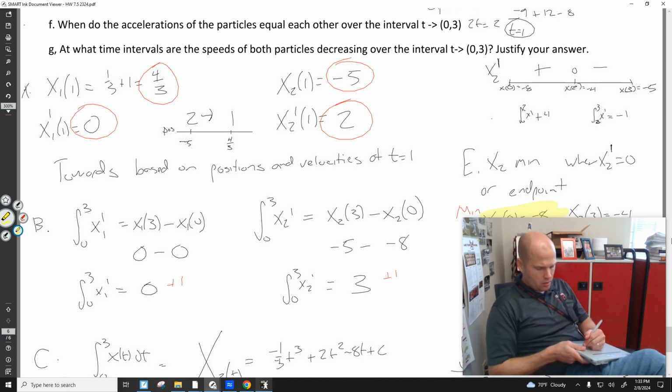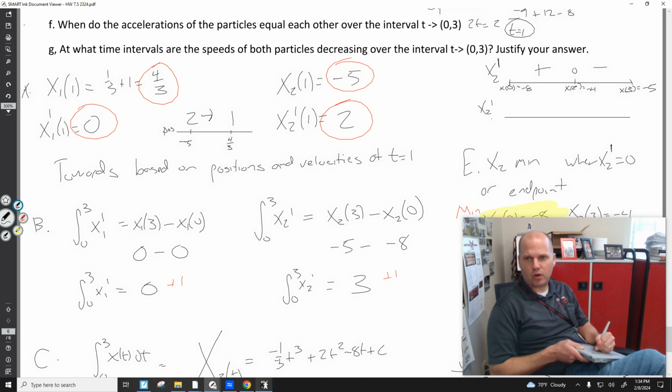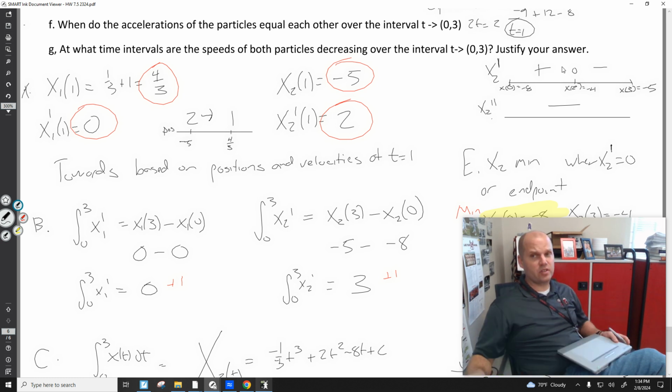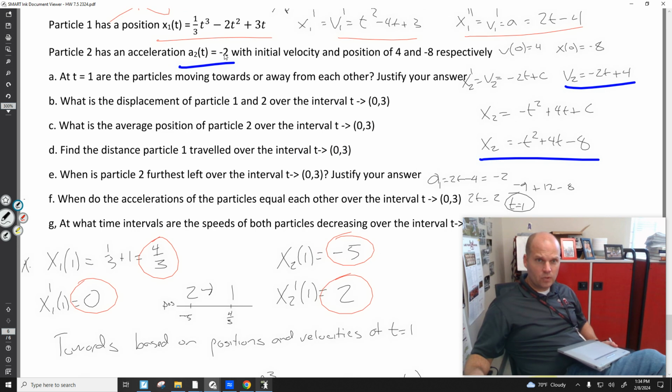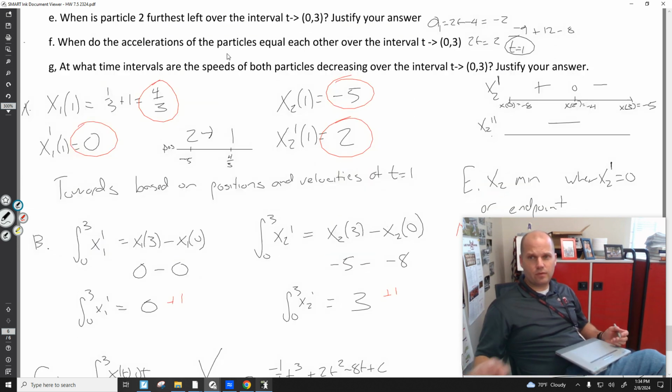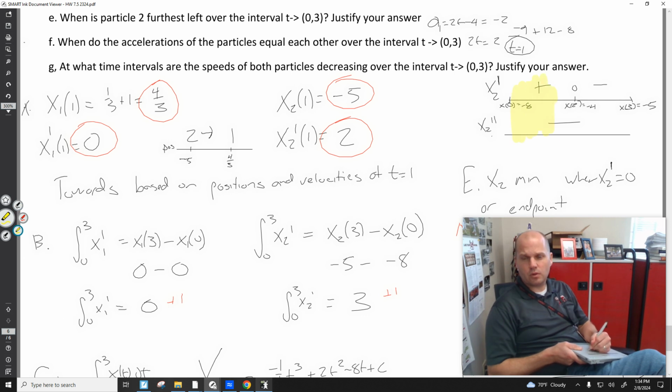We did V's analysis, the first derivative sign analysis. On top of that, let's do a second derivative sign analysis for particle 2. The second derivative is negative. A is negative. So when is speed decreasing? That's from 0 to 2.